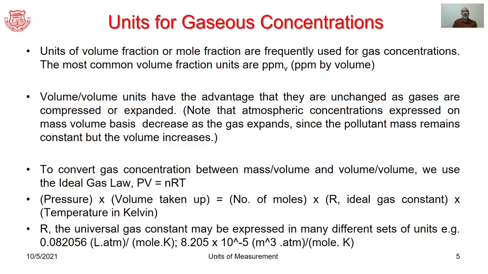This universal gas constant could be expressed in many different sets, for example 0.82056 liter atmosphere per mole Kelvin, 8.205 into 10 raised to minus 5 meter cube atmosphere per mole Kelvin, and even some other expressions. So depending on the kind of computations that you are doing, you can make use of the appropriate value of R.